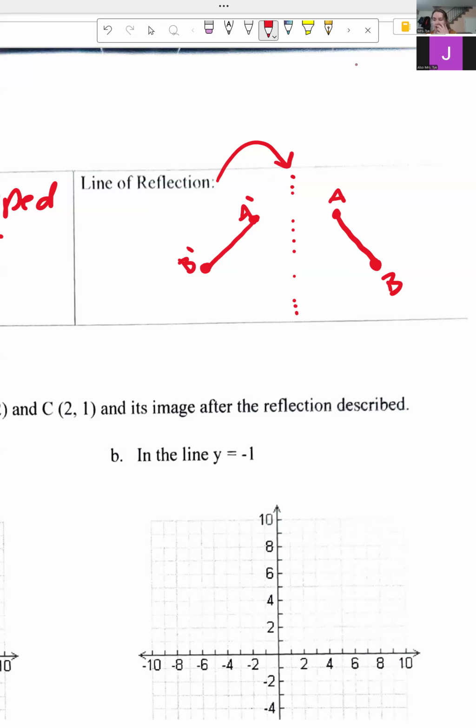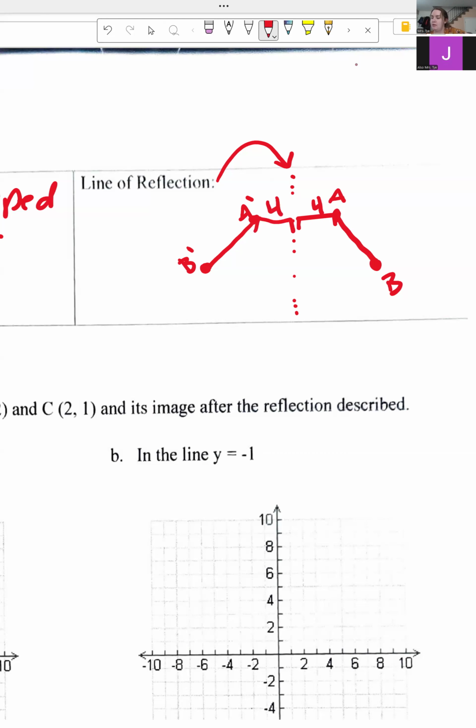It creates something that we will say is equal distance or equidistant from the line of reflection. So like if this was, well, 4 units away, then this would also be 4 units away.